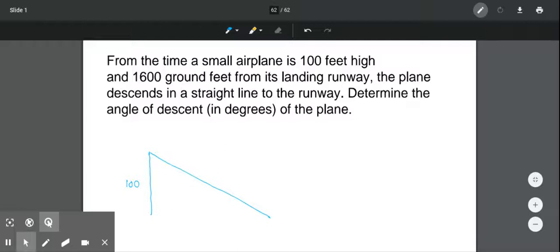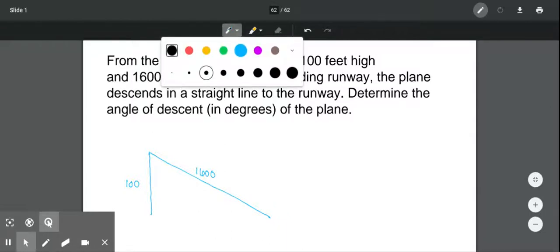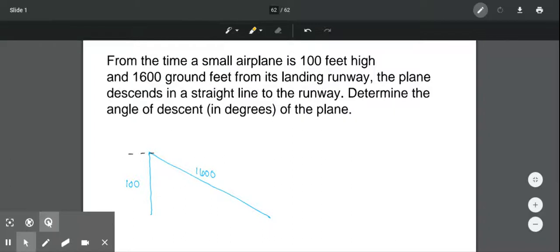That's the 1,600 feet that they're talking about. The plane descends in a straight line to the runway, so we need to determine the angle of descent in degrees. Your angle of descent is the same as your angle of depression, which is always based on your horizontal. So if that's your horizontal, this is the angle right here that we're looking for.